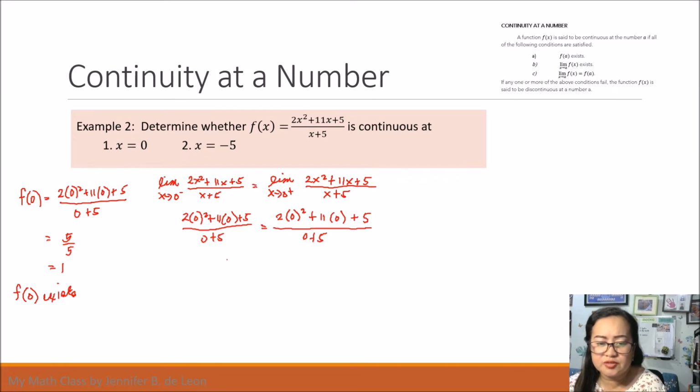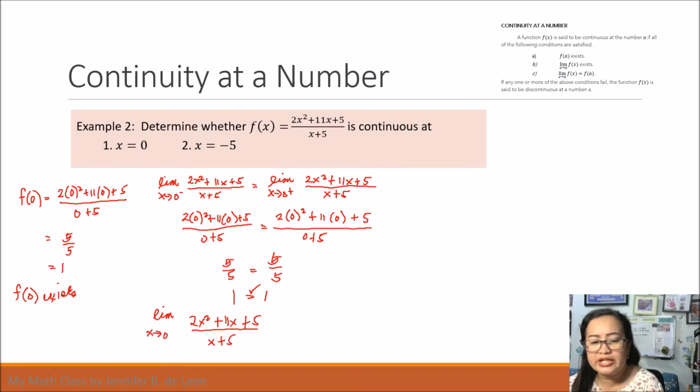So simplifying this, we will have 5 over 5, and on the other side we also have 5 over 5. They are both equal to 1. So hence we can say that the limit of 2x squared plus 11x plus 5 all over x plus 5 as x approaches 0 is equal to 1. So therefore, this limit exists.